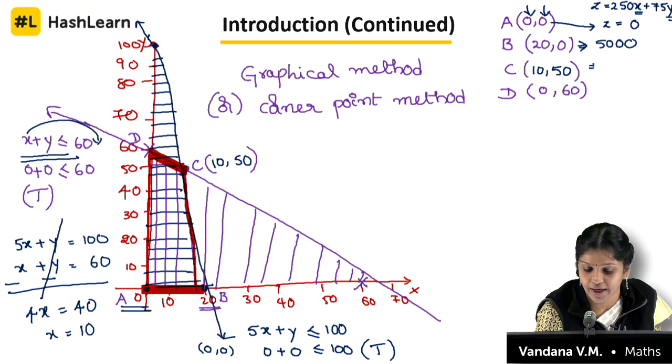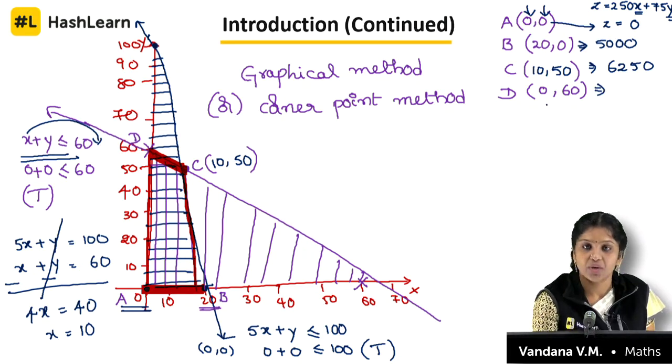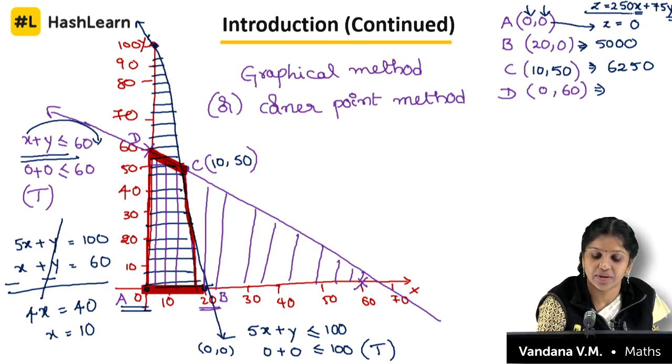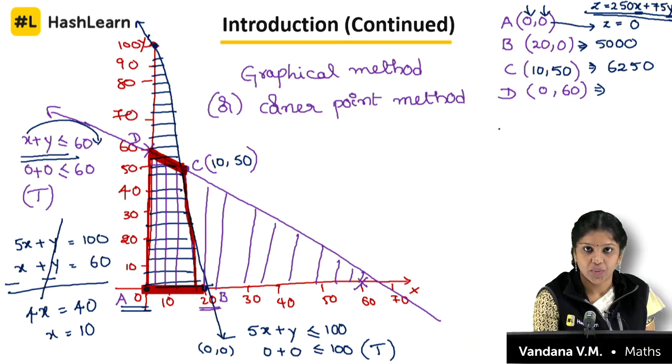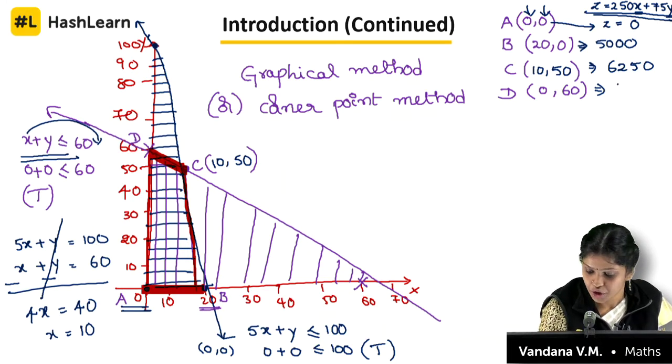So total you will get 6250. Here, if you substitute this value in the objective function, you will get 4500.